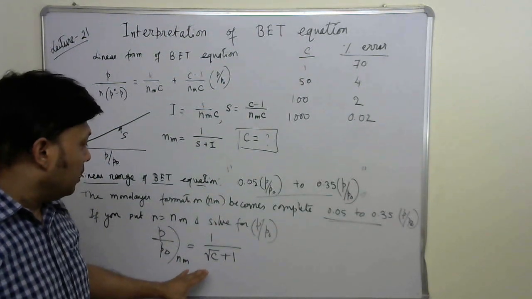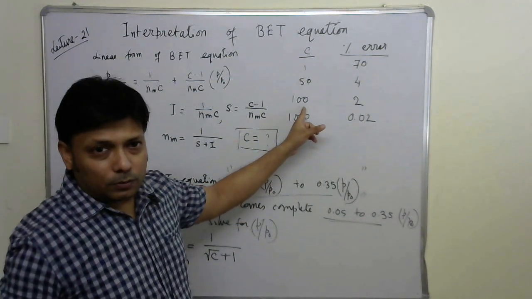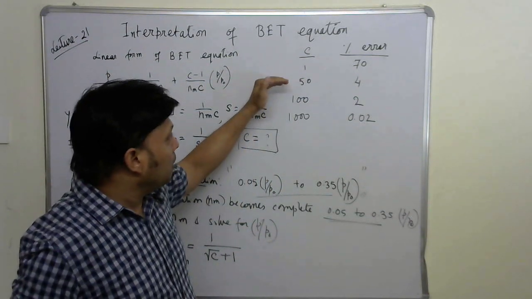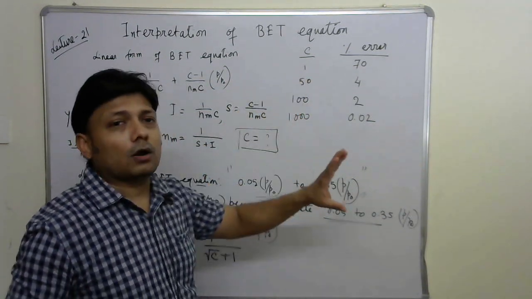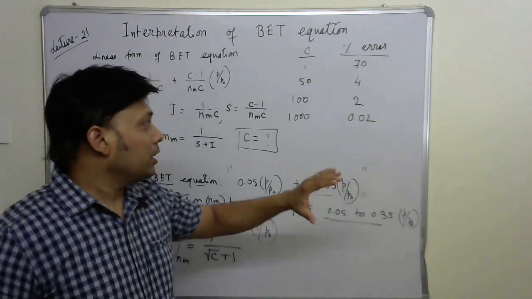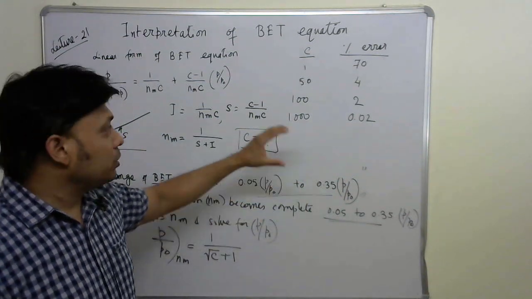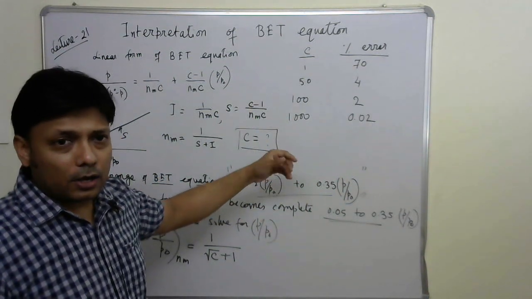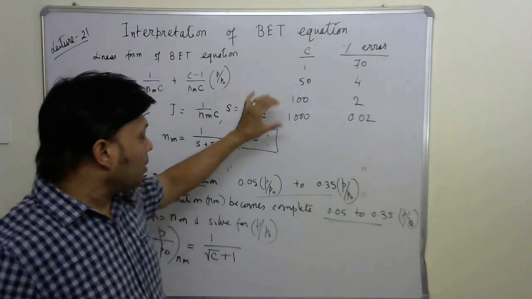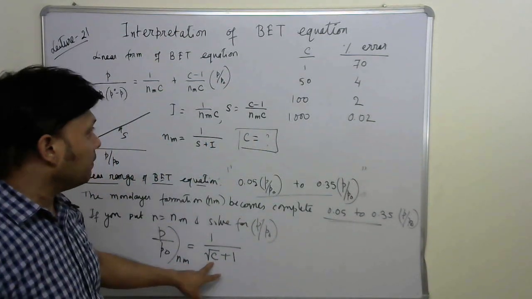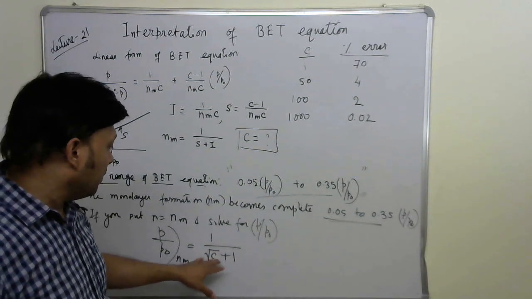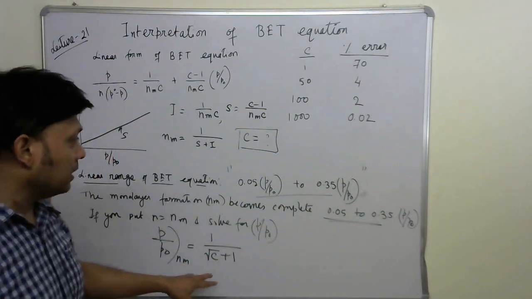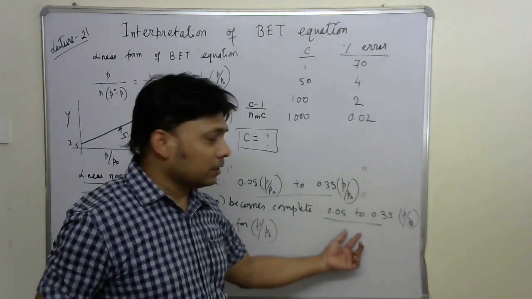In the case of a moderate C value, C values less than 100 or very close to 1 are very uncommon. In general, most of the time we see moderate C values or even higher. If you take a C value of 100, the root of 100 is 10, so 1 by 10 plus 1, that is 1 by 11, and you can see that it still falls within this range.